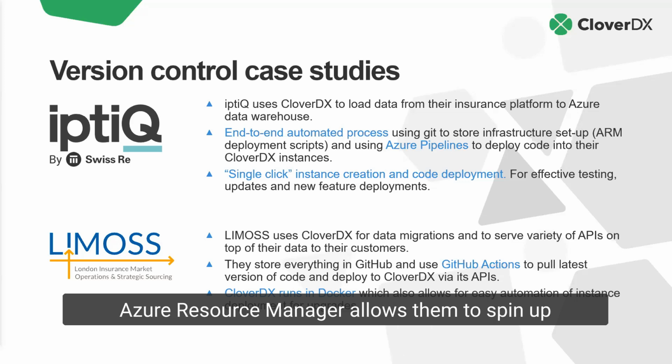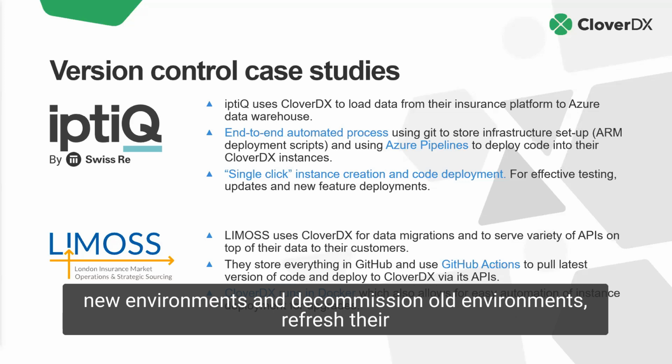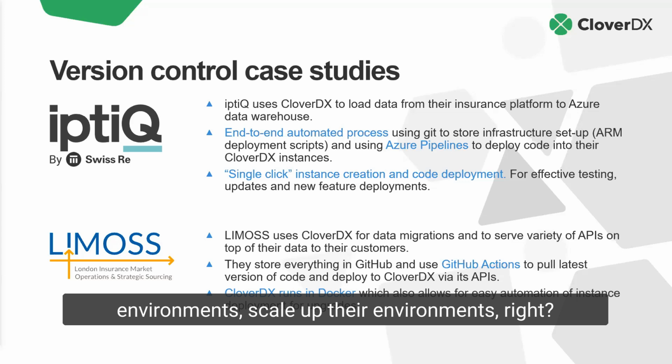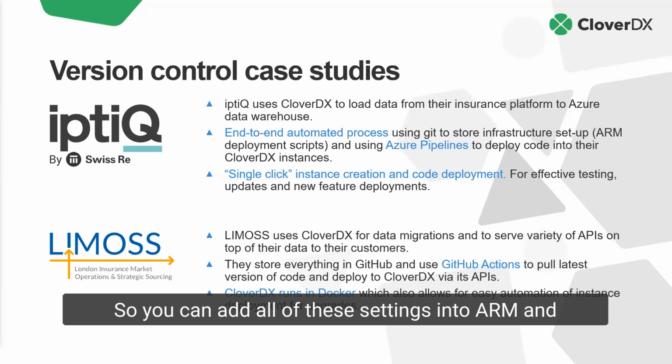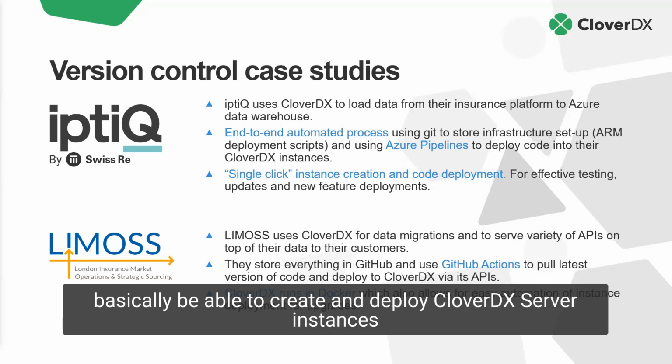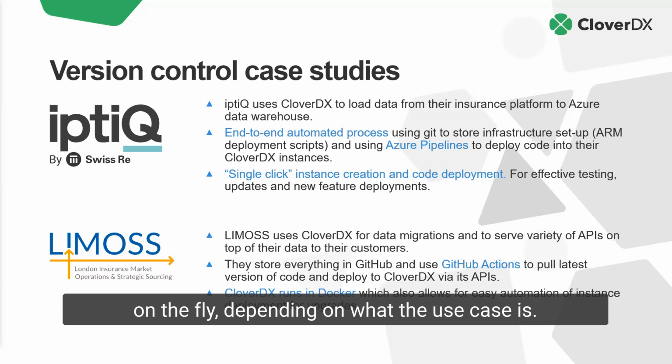Azure Resource Manager allows them to spin up new environments and decommission old environments, refresh their environments, scale up their environments, right? So you can add all of these settings into ARM and basically be able to create and deploy CloverDX server instances on the fly, depending on what the use case is.